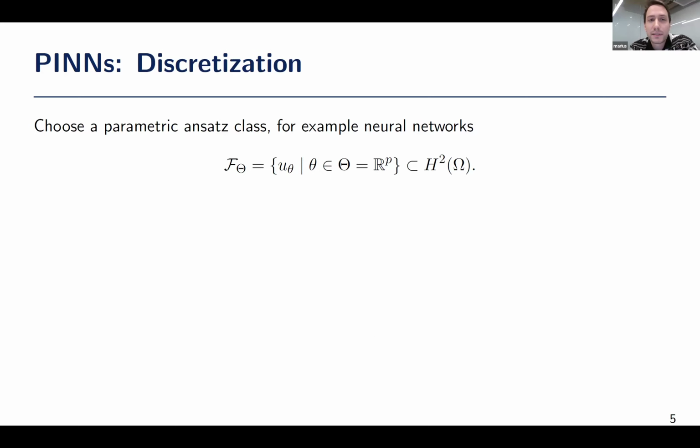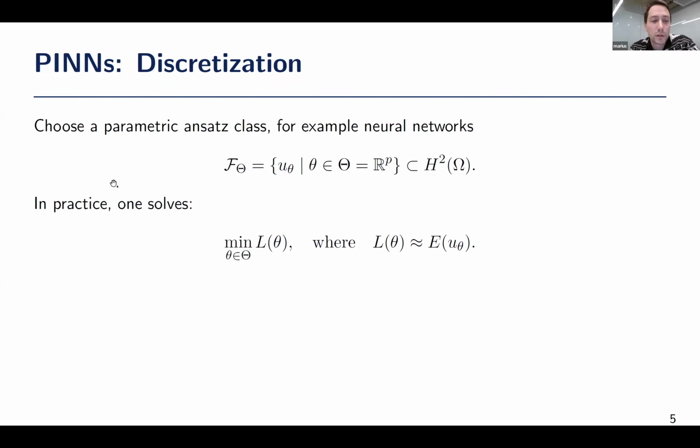The next step is the discretization, in this case a discretization with neural network type ansatz functions. I will not make the neural network ansatz explicit; I will leave it as a parameterized ansatz that lives inside this H2 space. Capital Theta is the parameter space, lowercase theta are the trainable weights, and u_theta is the function represented by a neural network.